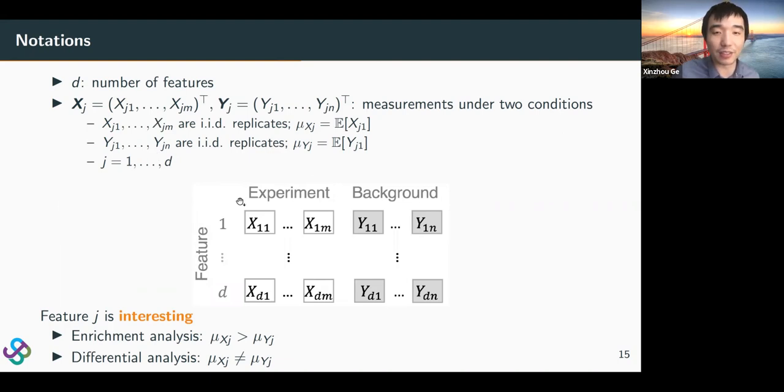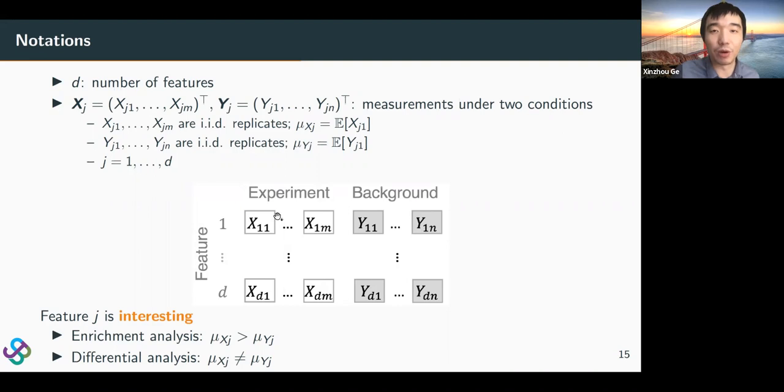So let's look at the data structure first. You have two conditions, the experimental condition and the background condition, and we call these two matrices X and Y. For the matrix X, each row is a feature and each column is a replicate. So we have M replicates for the experimental condition and N replicates for the background condition.